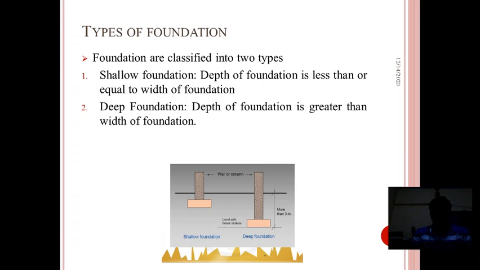Based on the width and depth of foundation, we decide whether it is shallow or deep. If the width of the foundation is larger than the depth, then it will be shallow. If the depth of the foundation is very large compared to the width, then it will be a deep foundation.